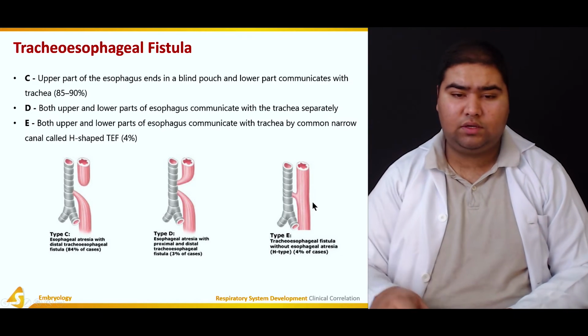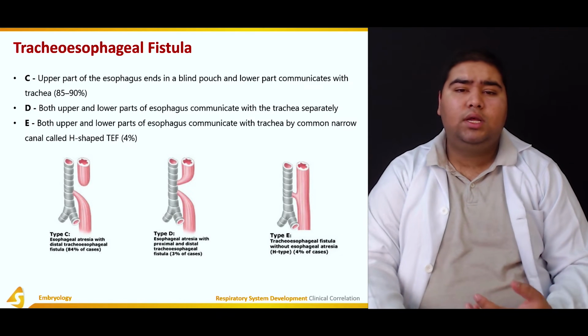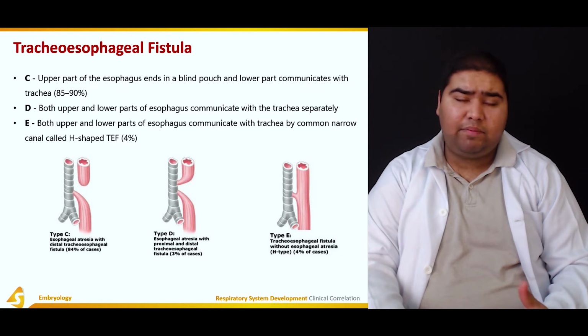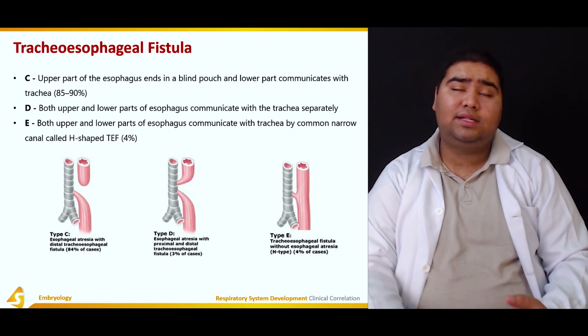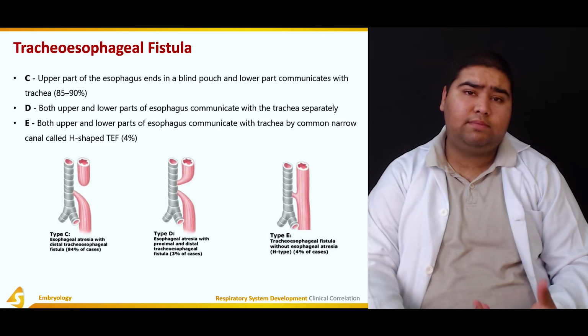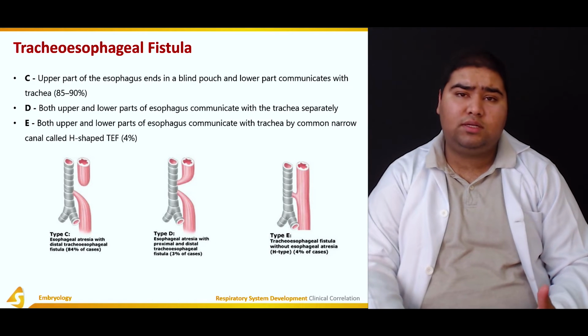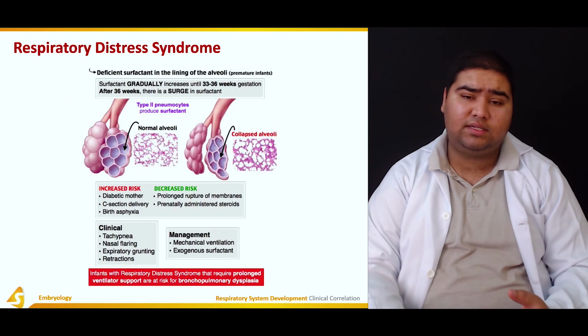This is 4% of the cases. Type C is the most abundant, in which the upper part of the esophagus ends in a blind tube and the lower part communicates with the trachea. It needs surgical correction because it may cause aspiration, it may cause pneumonia in a child, which is very fatal.